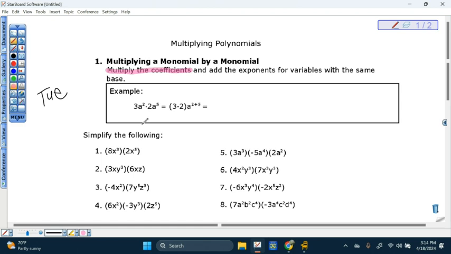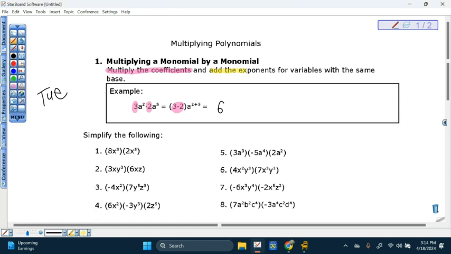What is the coefficient? It's the big number out in front of the variables. Yes, exactly, Jamie. I multiplied 3 times 2, and that gives us 6. Excellent.